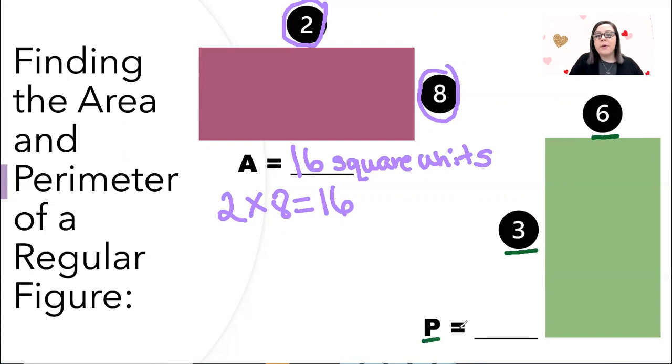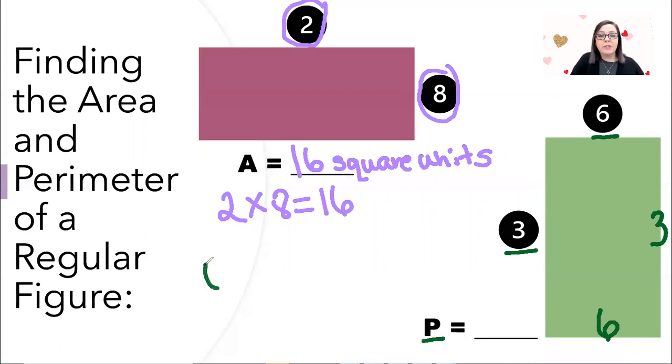Now, remember, for perimeter, we need all of the sides. So if you recall, we know that the opposite side of this rectangle is going to be 3, because in rectangles, opposite sides are equal. That means we can also say that this side down here has a length of 6 units. So now we know all 4 of the sides, and we can simply add them together.